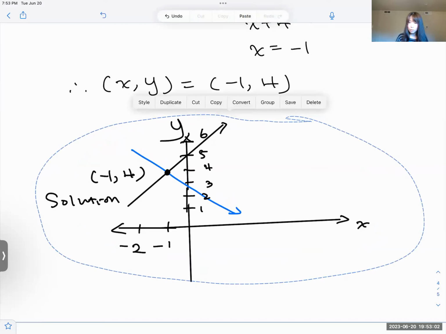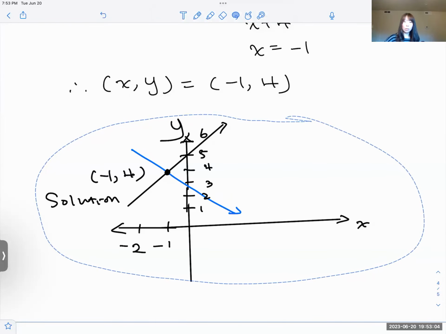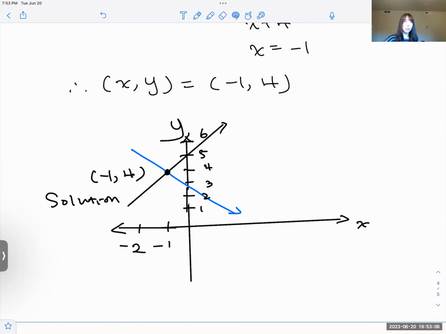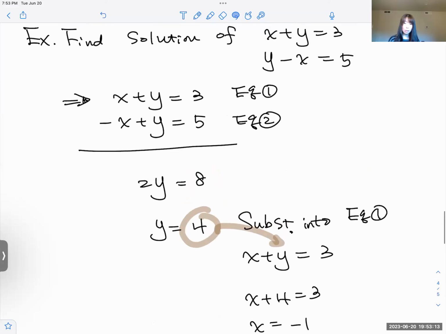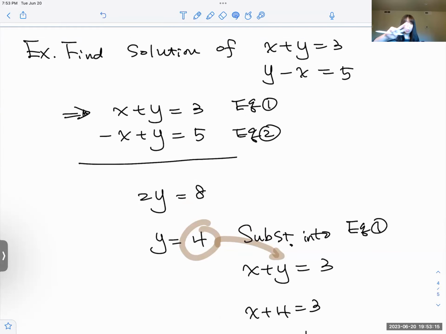That's -1 and 4. Okay, that is the basic concept, right? But then what if we have, this is really easy. This is two unknown variables with two equations, right? So what if we have more?